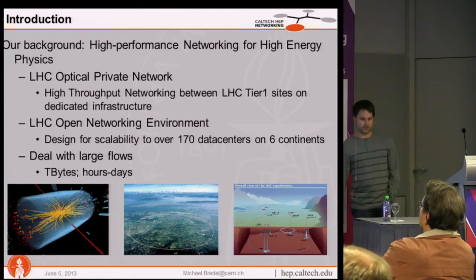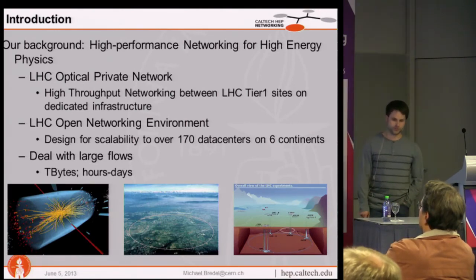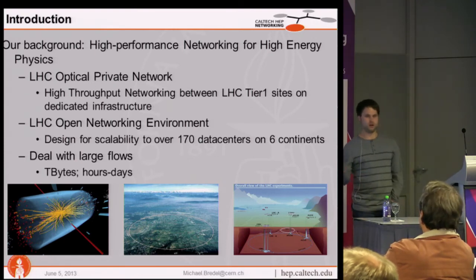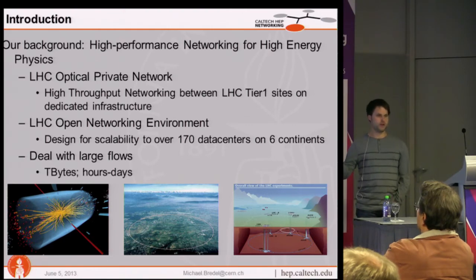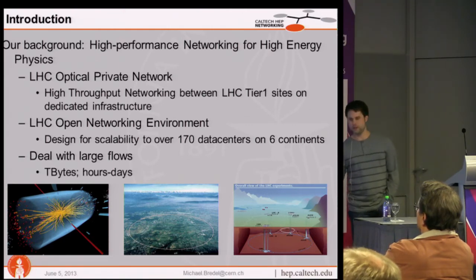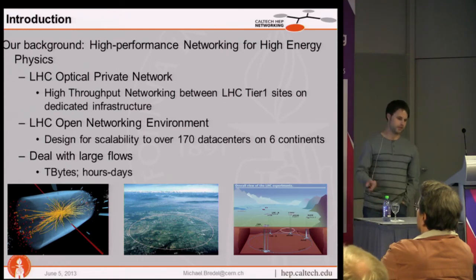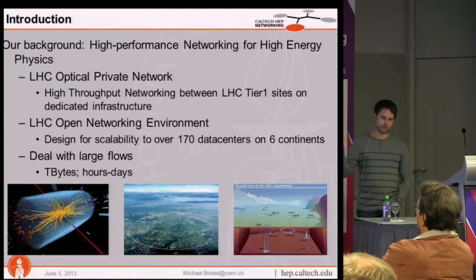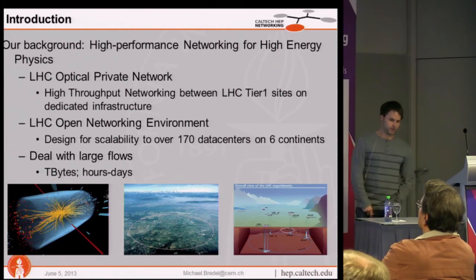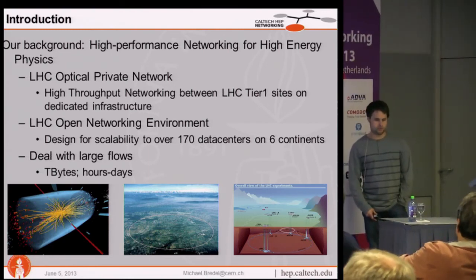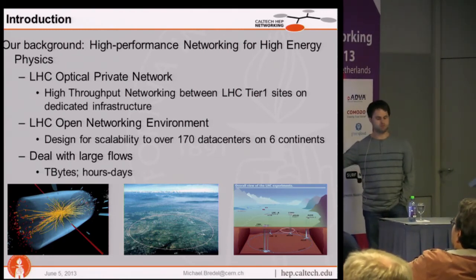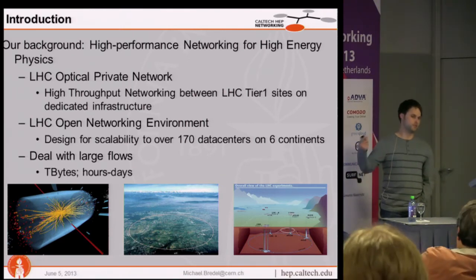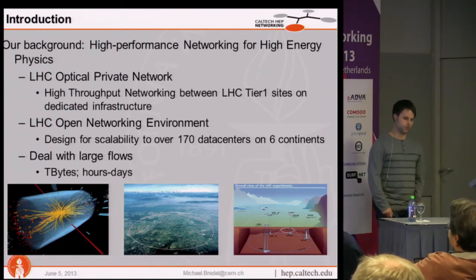I'm working for Caltech's high energy physics network group, and we basically run USLHCNet. That's a network that transfers data from the LHC experiments at CERN to the US, and we participate in the LHC OPN, which connects CERN to 11 big data centers around the world, and the LHC Open Network Environment, which then connects these 11 data centers to universities and smaller data centers also all around the world.